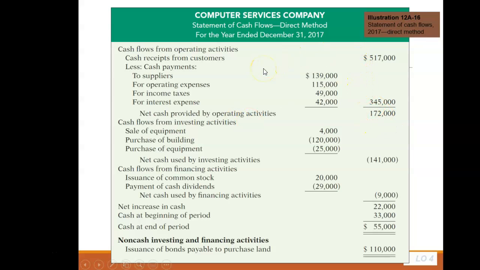It's just a different approach. You show all the cash inflows for operating, all the cash outflows. The investing and financing activity section is exactly the same under the direct method as it is under the indirect method. The only thing different would be the operating activity section for the direct method compared to the indirect method.